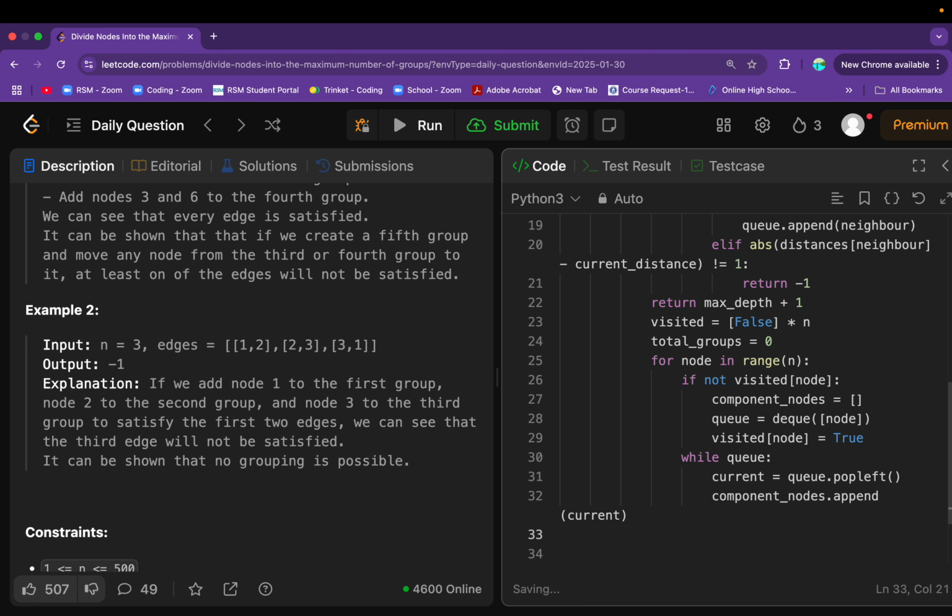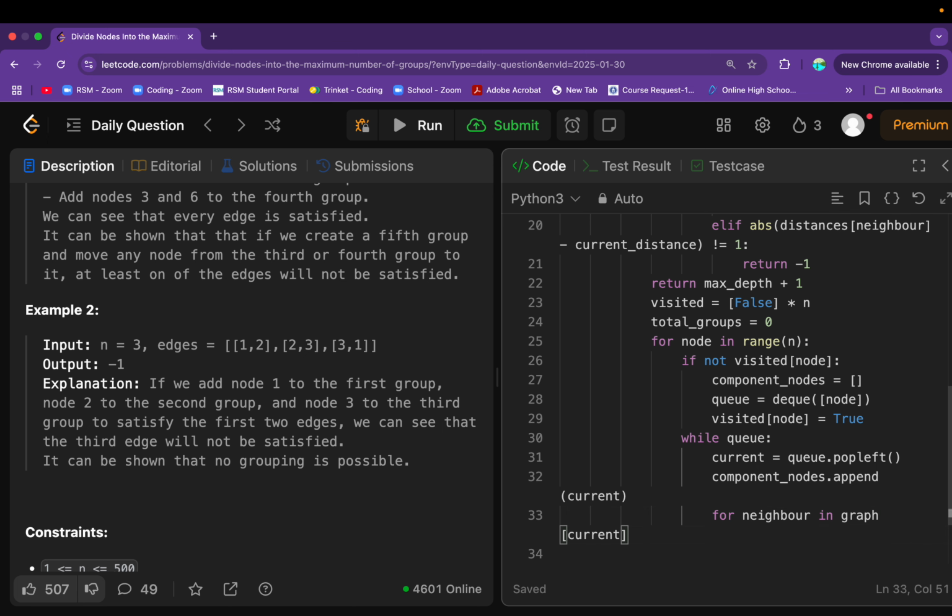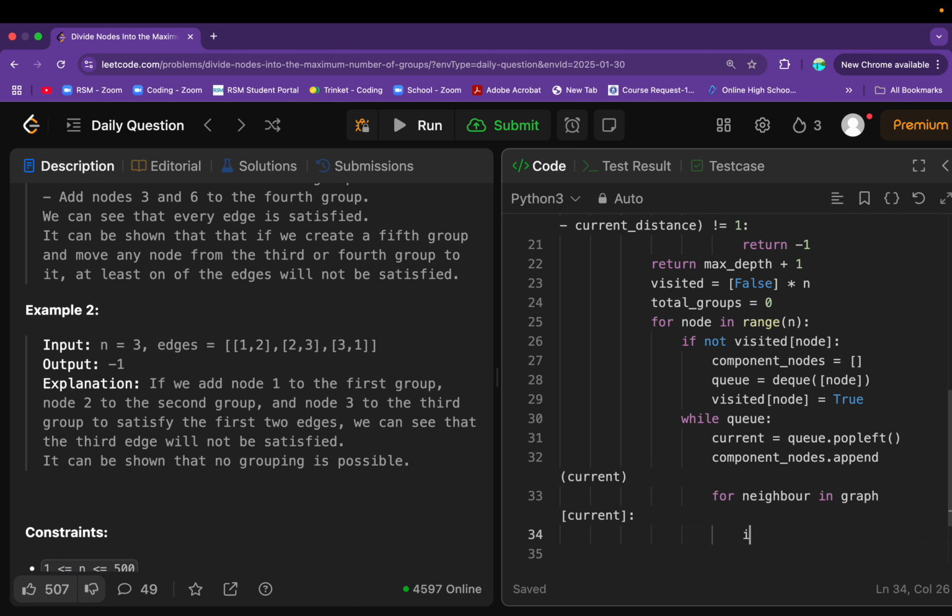And now let's loop through all the neighbor nodes of the current node. So for every single neighbor in the graph of the current, again, keep in mind graph is simply an adjacency list. The graph at the current node, if not visited, pretty self-explanatory.